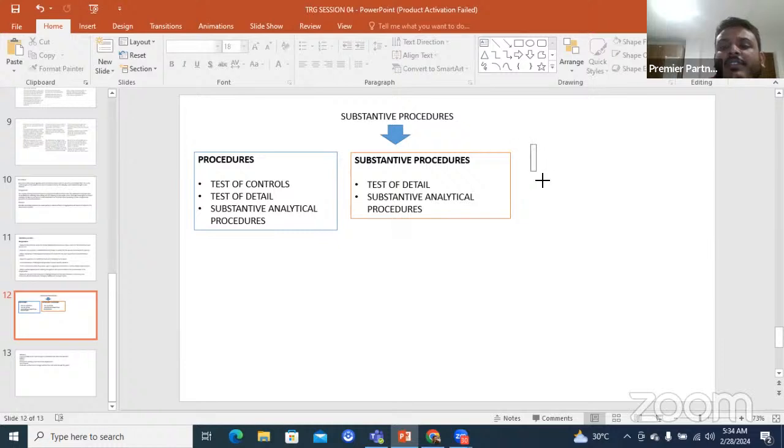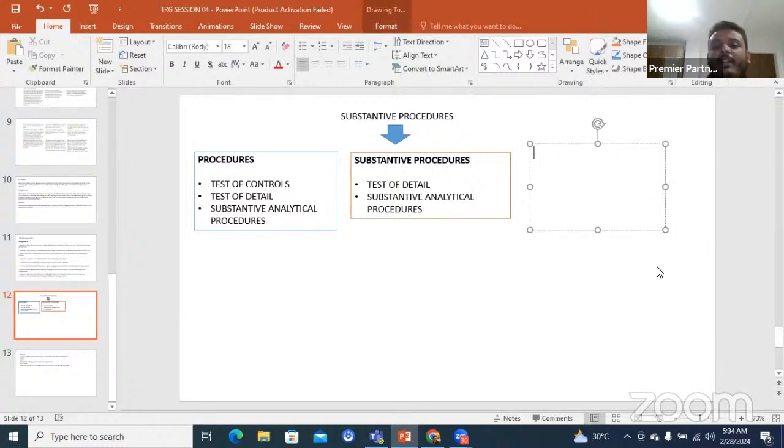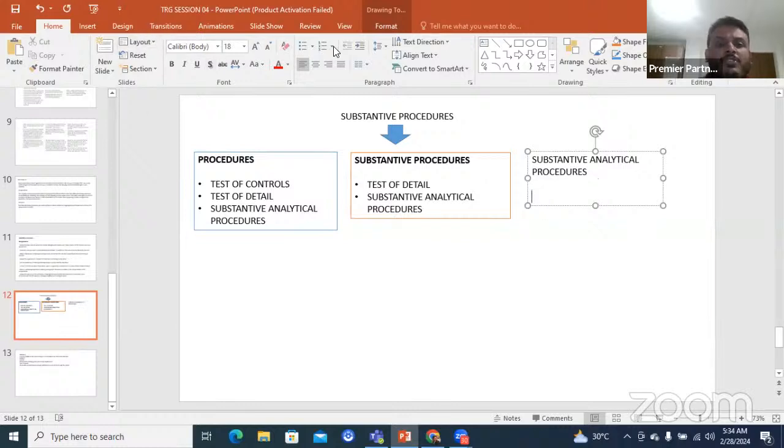Suppose the examiner asks you to write substantive analytical procedures. Then you can't write test of control, and you can't write test of detail.